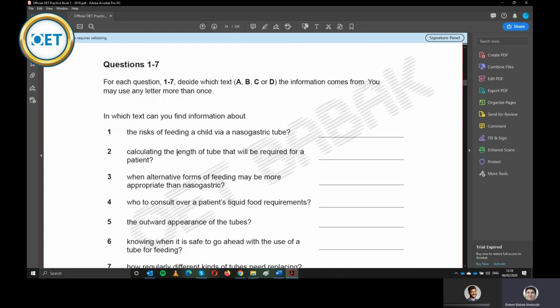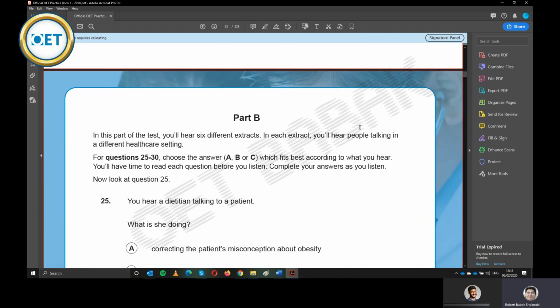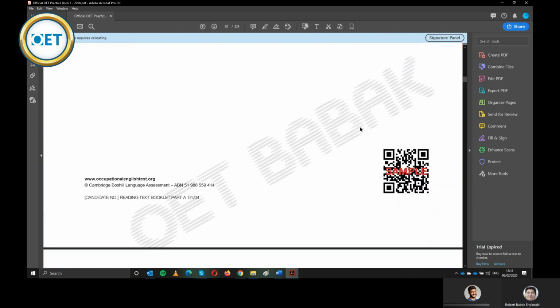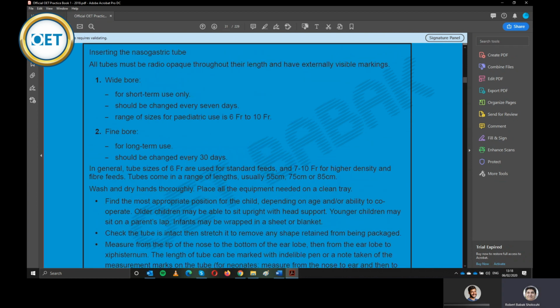Now, if you can remember more of these, calculating the length, okay, you said we had this, yeah? B. Yes. Alternative forms of feeding is probably D, yes? Or we can have a look to check and see if we have any. And this is the externally visible markings.